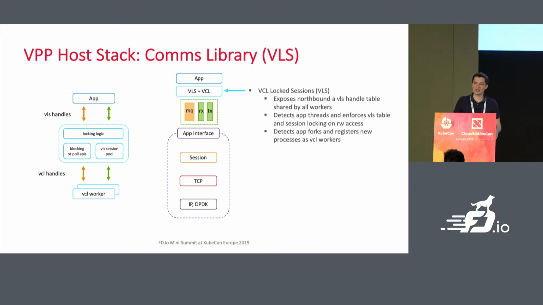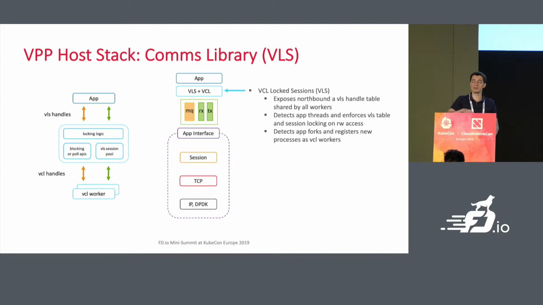As the name suggests, VLS tries to enforce several things via locking, and those things would be, it tries to make sure that only one worker has access to a session at a given time. So if they cannot share the sessions, but if they share, we will automatically lock. And if an application has multiple threads, and obviously those are not registered as separate workers, then we enforce via locking.